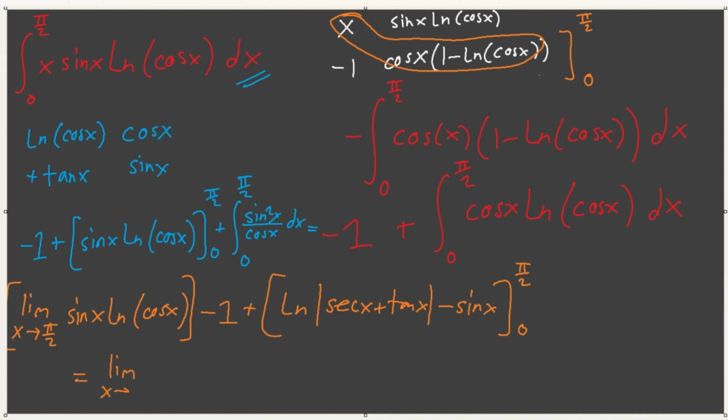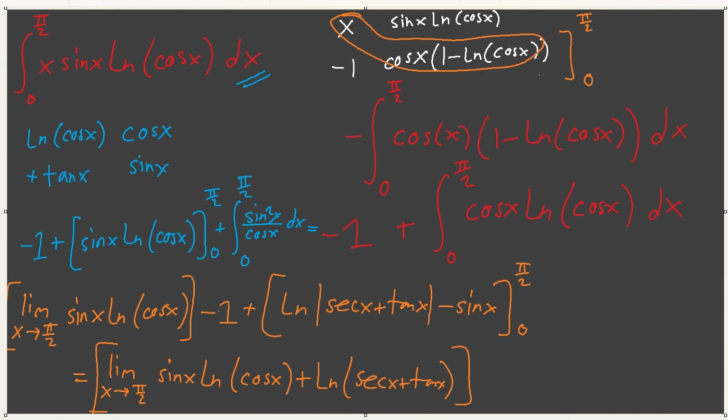So let x go to pi over 2, we have sine of x, ln of cosine of x, plus ln of secant x plus tangent of x. Now this converges. And then this and this. Again, we have pi over 2, sine pi over 2.